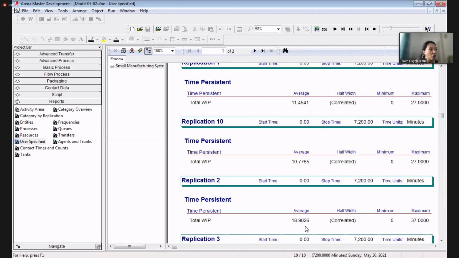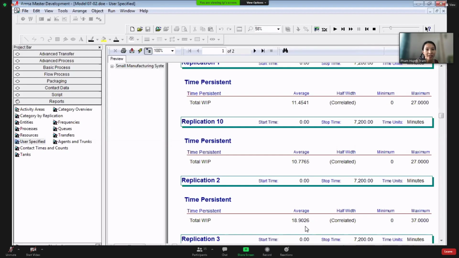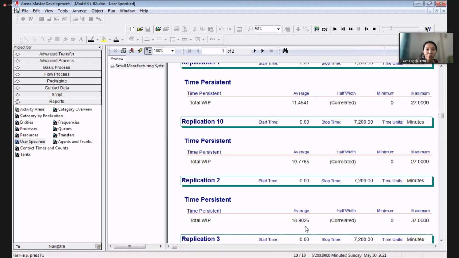Now let us look at the output data file that we recorded of the total width. All right, and we're going to plot it using an application in Arena named Output Analyzer. I'm going to share with you another screen.